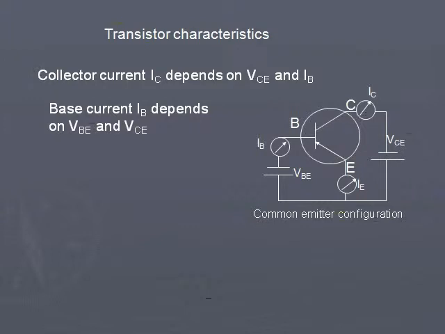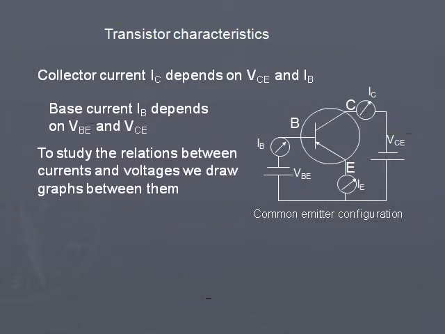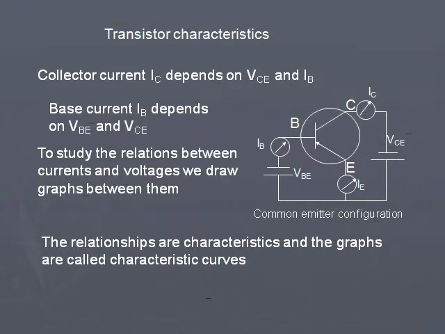Base current IB depends on base to emitter voltage VBE and output voltage VCE, collector to emitter voltage. Base current depends on VBE and VCE, and IC, output current or collector current, depends on VCE and IB.